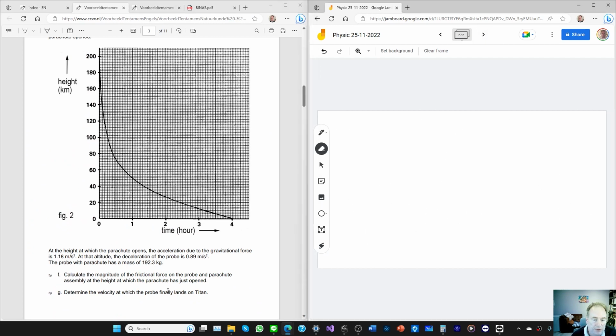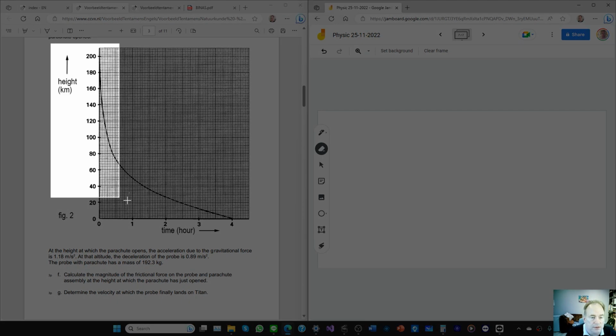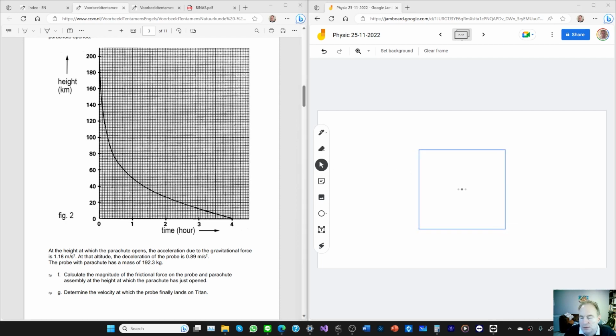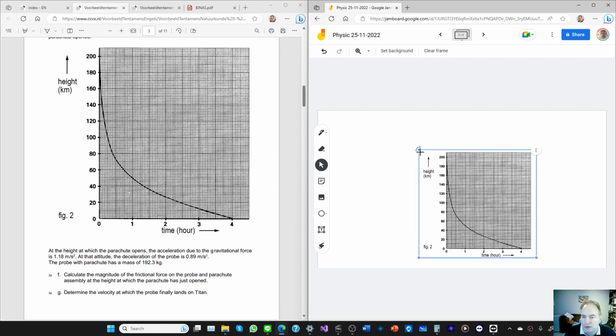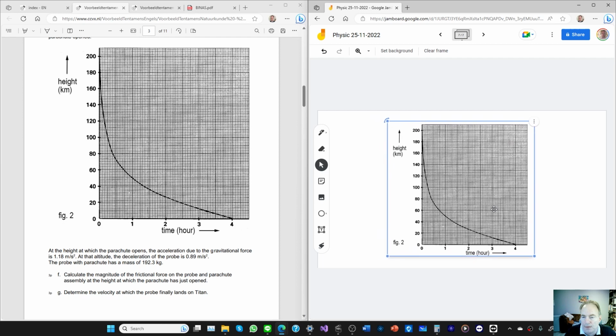Determine the velocity at which the probe finally lands on Titan. Well, where it lands on Titan is where the height is 0. So let's grab this. This is height versus time.